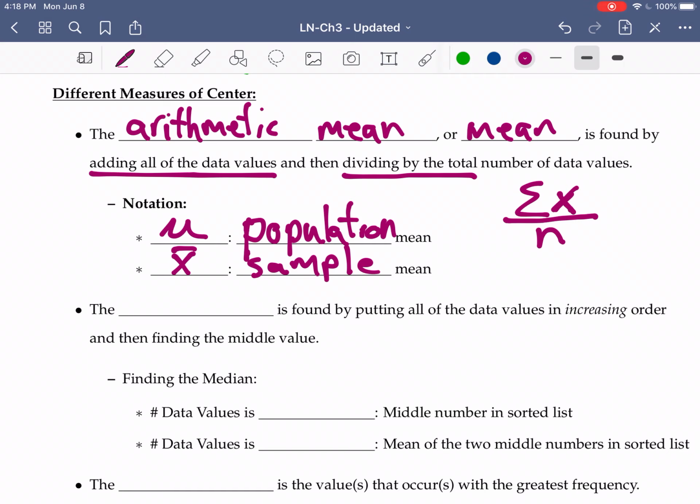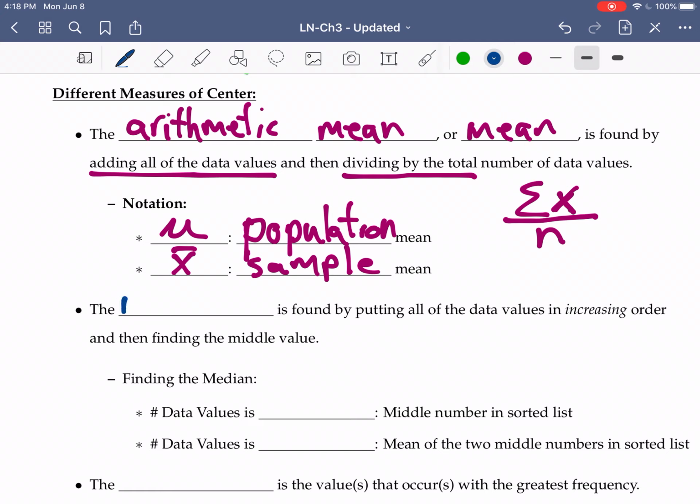For the entire population, we use something like mu. That is one measure of center, the mean. Some people might refer to it as an average. In statistics, we might avoid that word because we have lots of different measures of center which we feel like is an average. But this is the word most commonly associated with the word average.